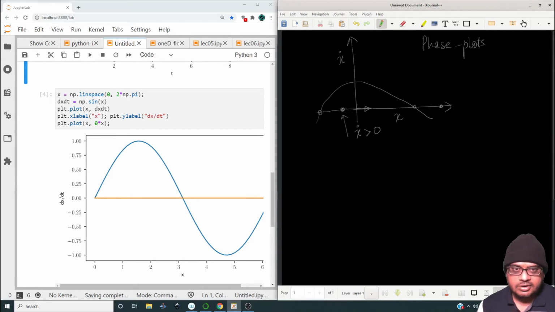If you have an initial condition over here, you know that the point will try to move towards the left, because over here x dot is less than 0. So it gives you an idea about how a particle will move on a line. So whatever we are doing is motion on a line.